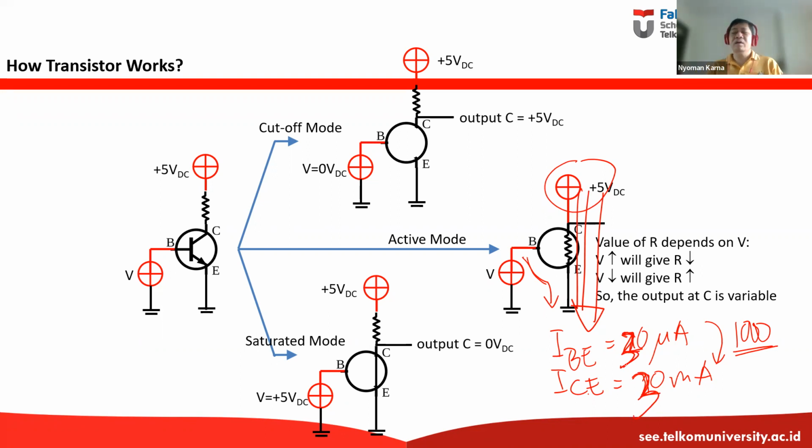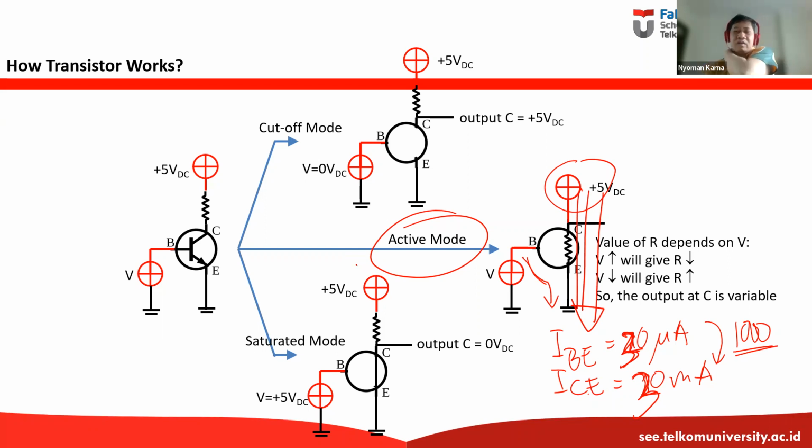So the current that will go through collector to emitter depends on the current from base to emitter. So it's not fixed. It depends on the current between base and emitter. So this is what we call active mode. This is when we want to use the transistor for amplification. You can see we usually hear about an amplifier. That's to amplify or strengthen the signal. Here we use the transistor in active mode.